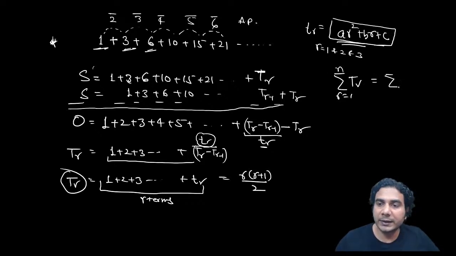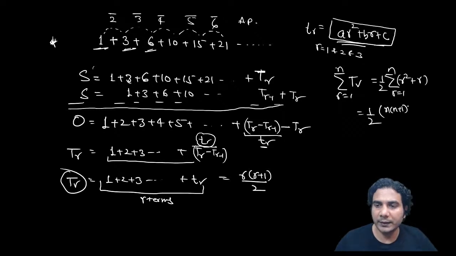So this is nothing but sigma of 1 by 2 common, and it's going to be r square plus r, r from 1 to n. Then it is 1 by 2 of sigma r square plus sigma r. Now put the values. Sigma r square is n into n plus 1 into 2n plus 1 by 6, and sigma r is n into n plus 1 by 2. So this 2 is also there, so you can write 4.